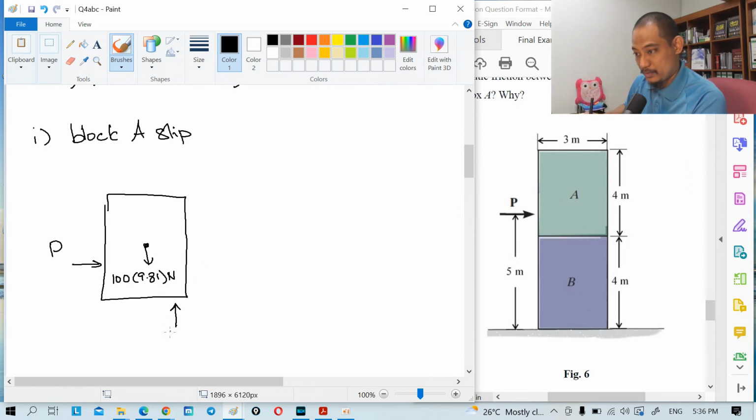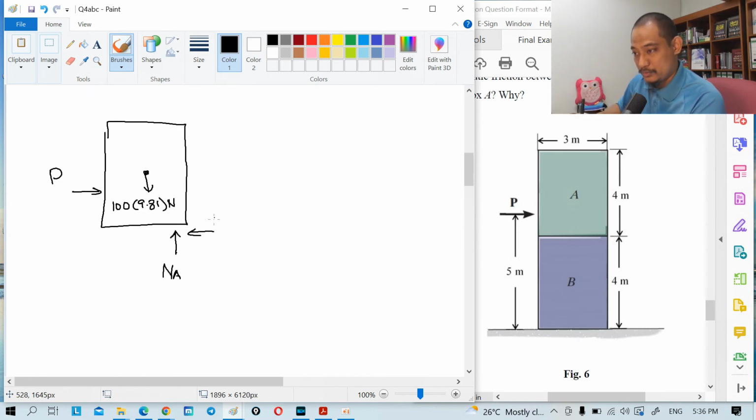So this will be N_A, and this friction has already reached the maximum. If you assume slip first, then it will be mu N, which is 0.8 N_A.